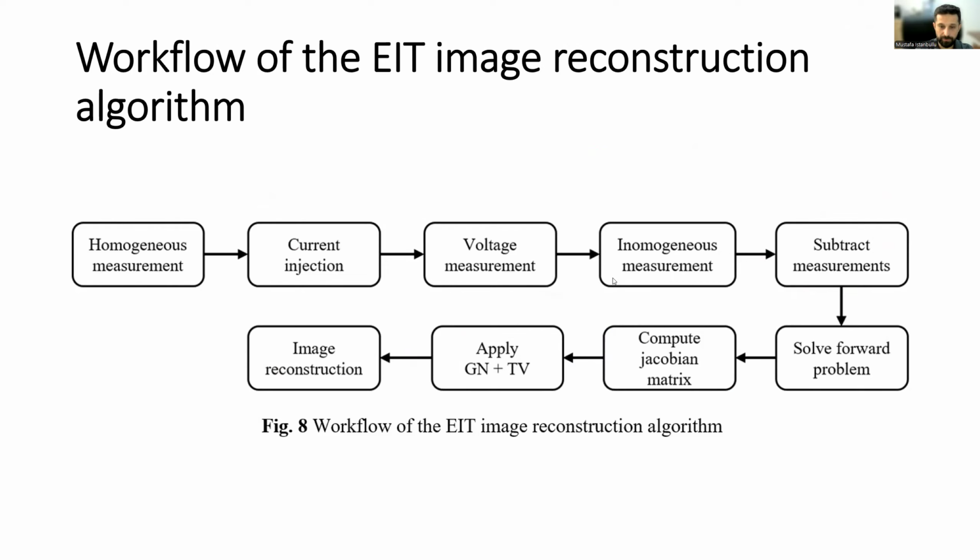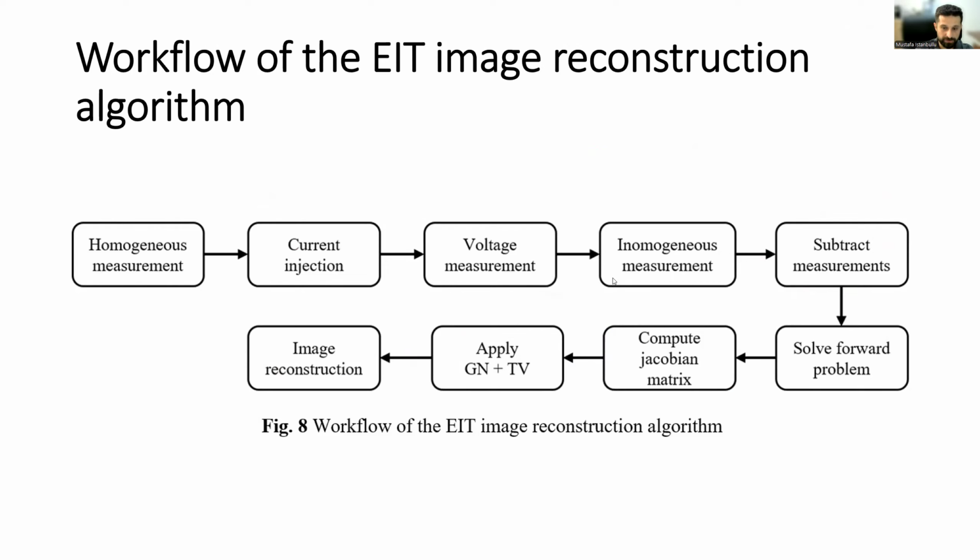The forward problem was solved using the finite element method, and the Gauss-Newton algorithm with total variation regularization was applied to iteratively estimate the conductivity distribution. This framework enabled the effective reconstruction of internal conductivity variations based on the differential voltage data.